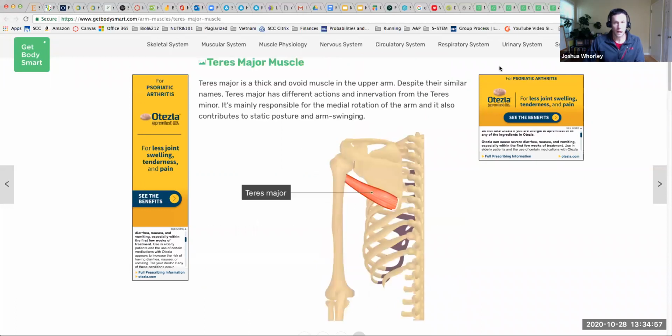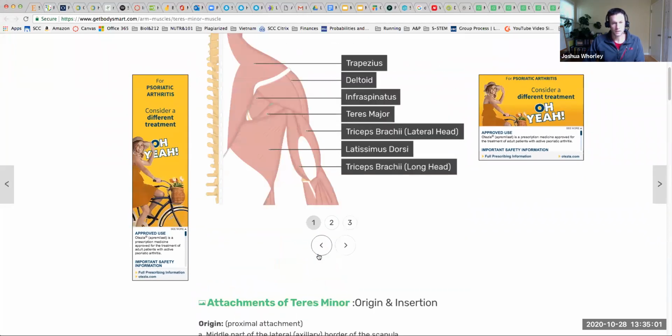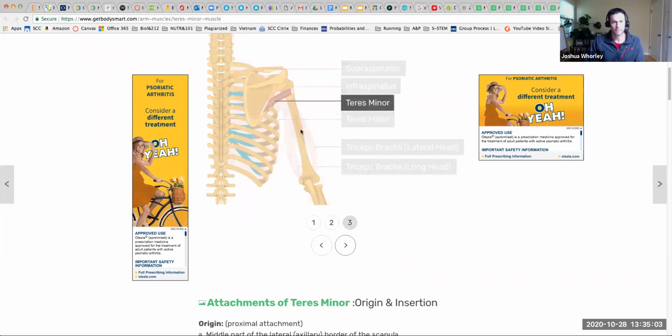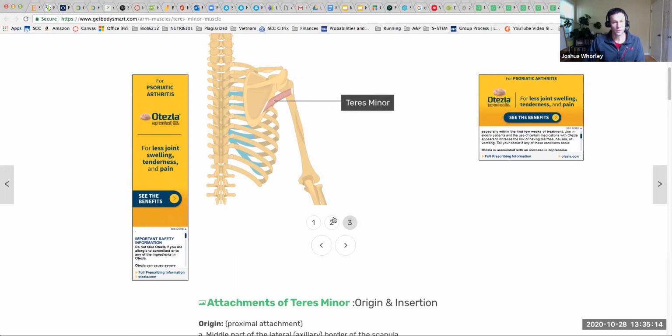Okay. And then finally, our teres minor, right? So that one's originating not on the medial, but now on the lateral border of the scapula, and again inserting on the humerus, but on the back of the humerus, the posterior portion.